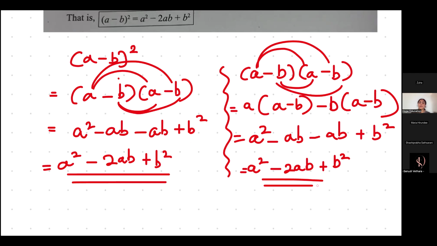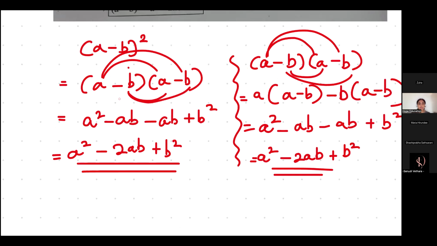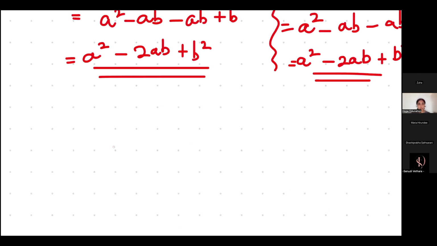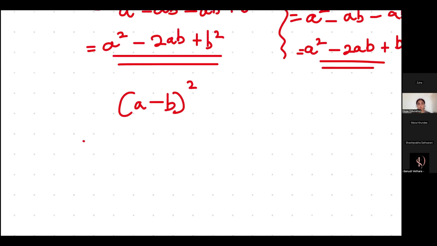We don't need to do this whole thing. If you have a minus b squared, what is our shortcut? Instead of going through this entire calculation, this is what we do. First take the square of the first term. Here the first term is a, so we get a squared. Next, multiply the first term and the second term, and multiply that by 2.